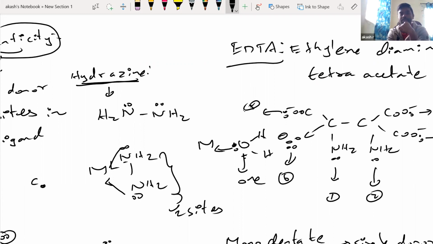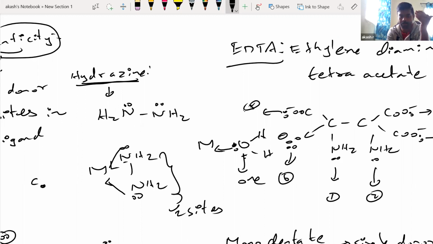Irrespective of whatever the denticity is, it is not necessary for the ligand to use all its donor sites. Again, I repeat: even though we have bidentate, tridentate, tetradentate ligands, it is not necessary for the ligand to use all its donor sites.